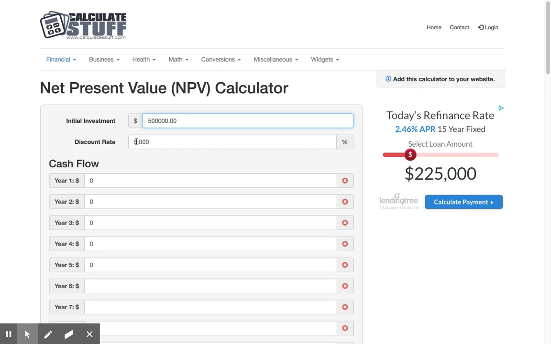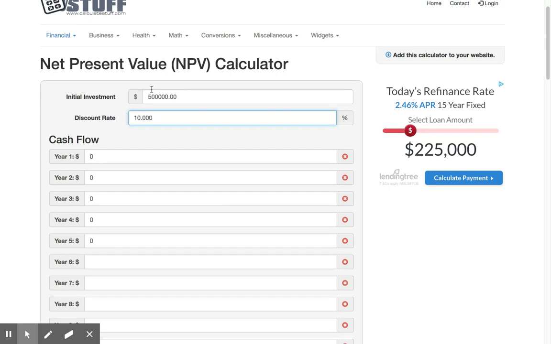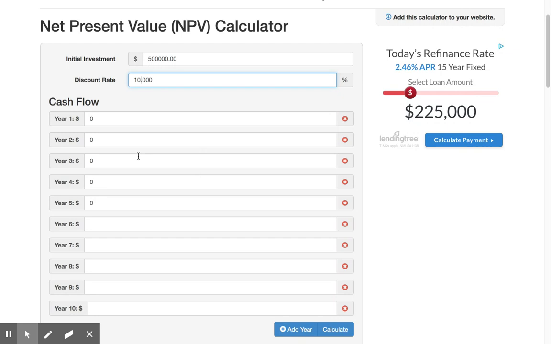We'll plug in 500,000 and the required rate of return is 10%. So that means for this investment that we're going to put in of 500,000, we expect to get at least a 10% rate of return.